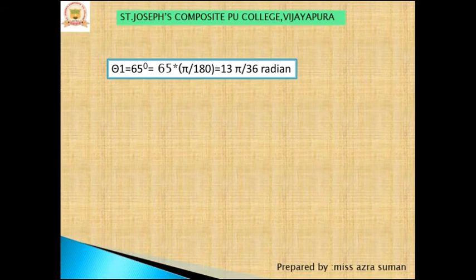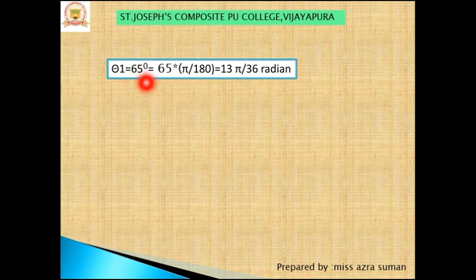Here theta 1 and theta 2 are given in degree, and we have to convert these angles from degree to radian, because the relationship between L, r and theta holds where theta is in radian measure.